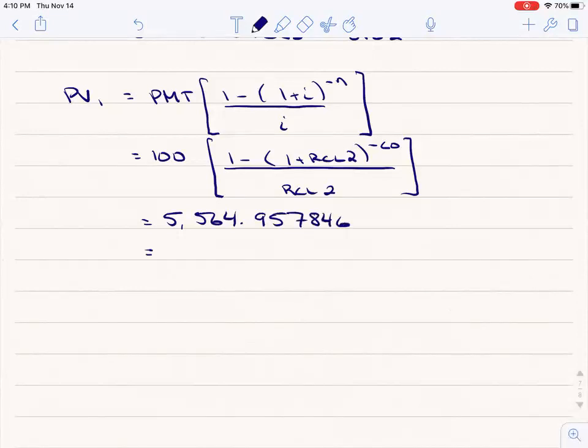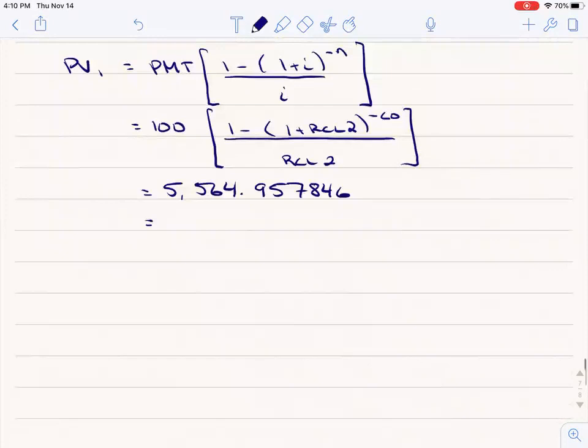5,564.957846. These are dollar amounts, and so we're going to round to 2 decimal places as soon as we've got a final dollar amount. So 5,564.96.